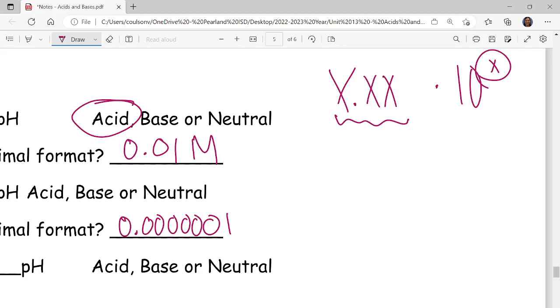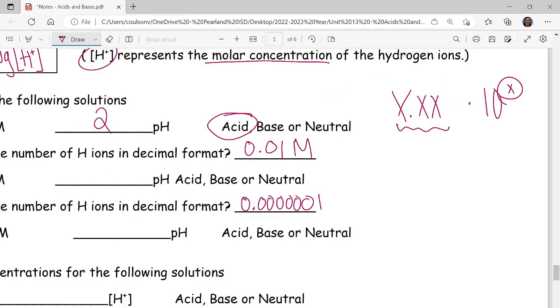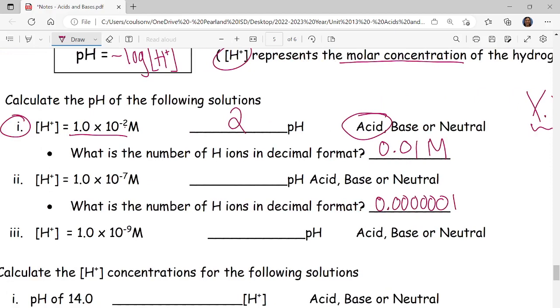Yes? Okay, back to the top, is 10 to the power negative 2 0.1, not 0.01? What? 10 to the power negative 2 is not 0.1. Because you move it over twice. Then you multiply that by 1 to get the same thing.